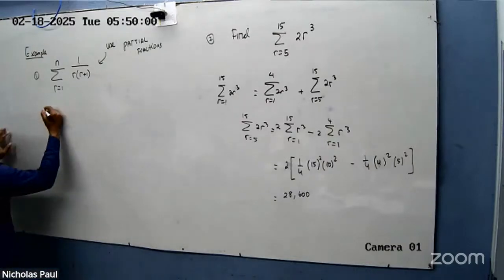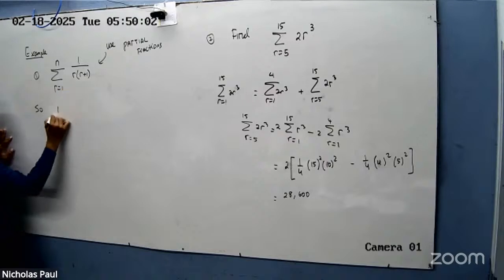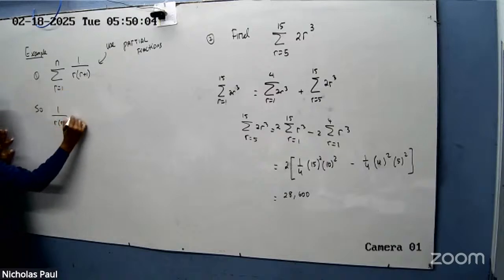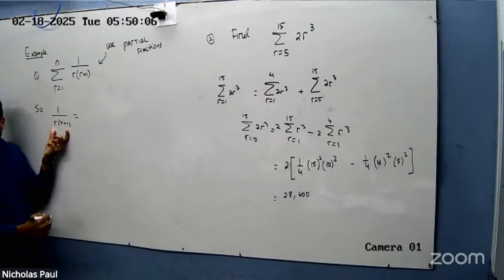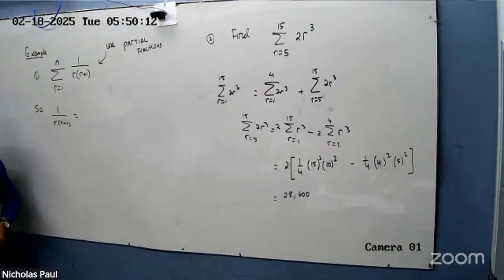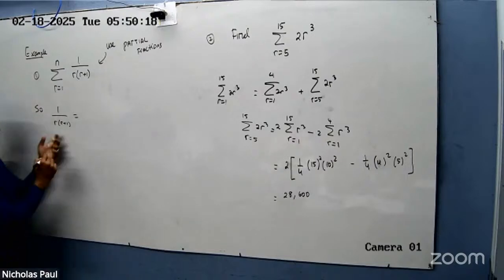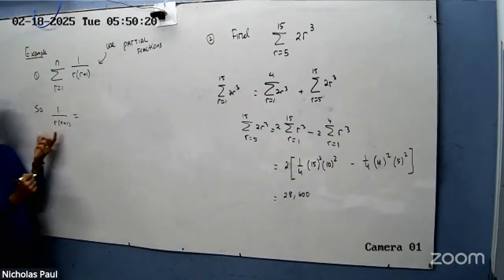Right, so I'm just focusing on this one, 1 over r times r plus 1. What do we have here? Two linear factors, right?